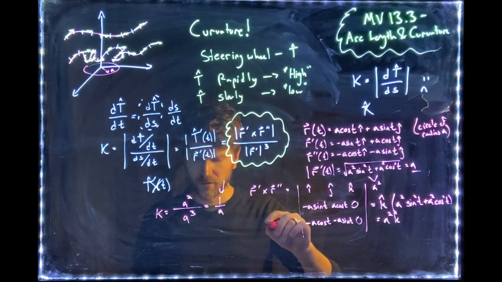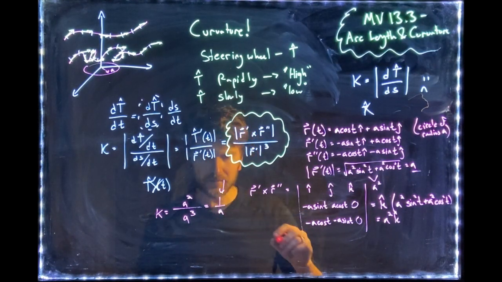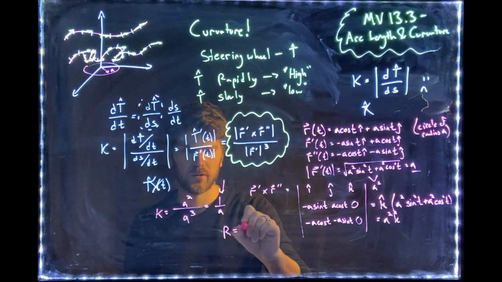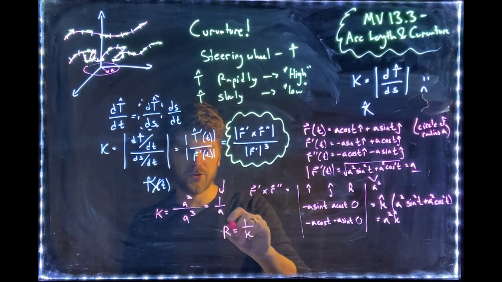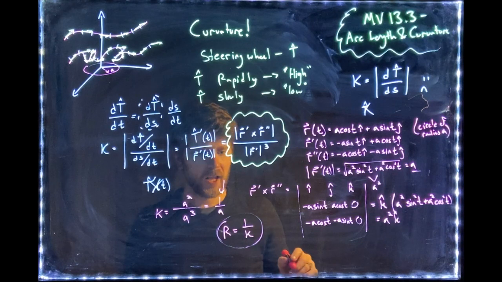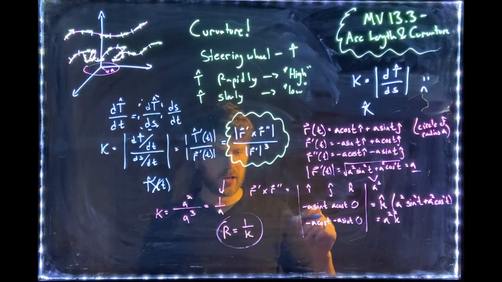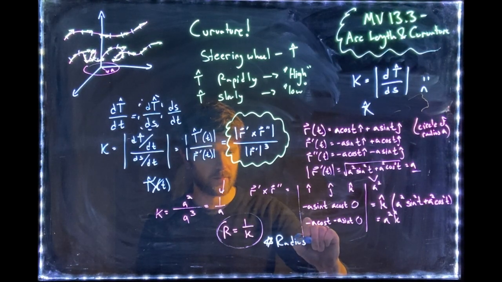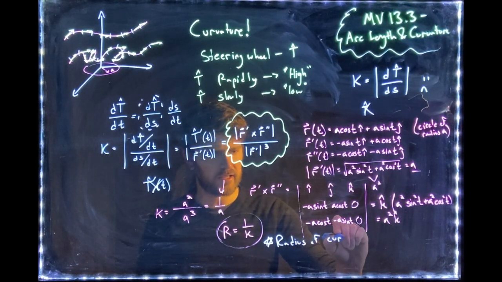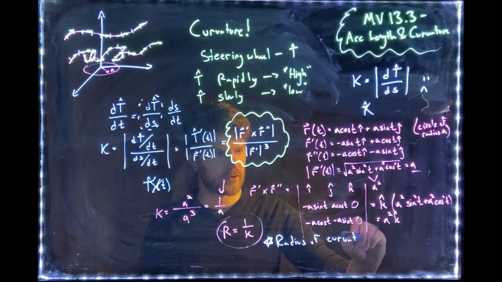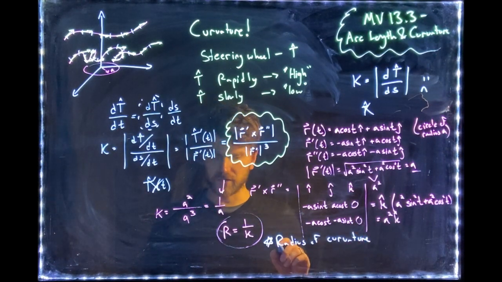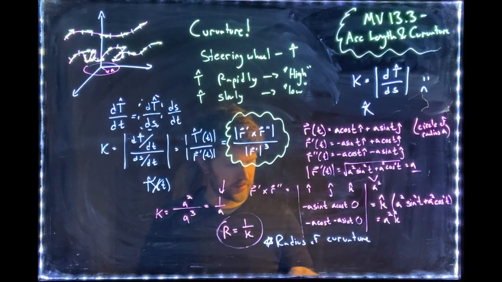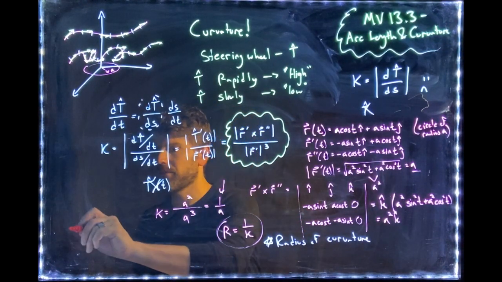If you reverse the relationship a little bit, and we look at the radius of some circle where the radius is 1 over k, we have a special name for this. This is called the radius of curvature. And it is equal to the reciprocal of the curvature. And the logic here of what this means is, imagine I have some arbitrary space curve here.